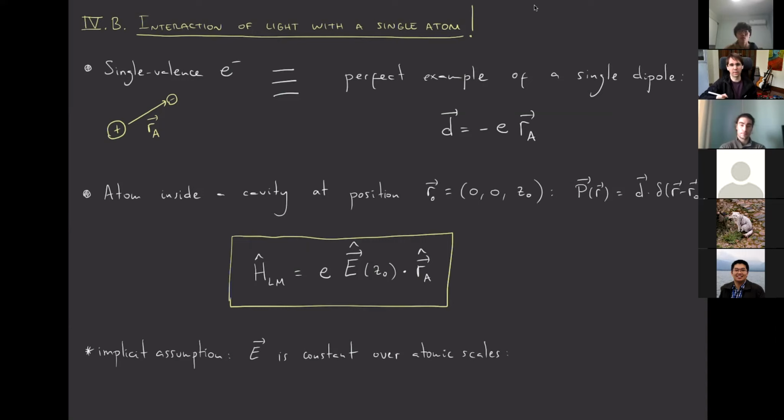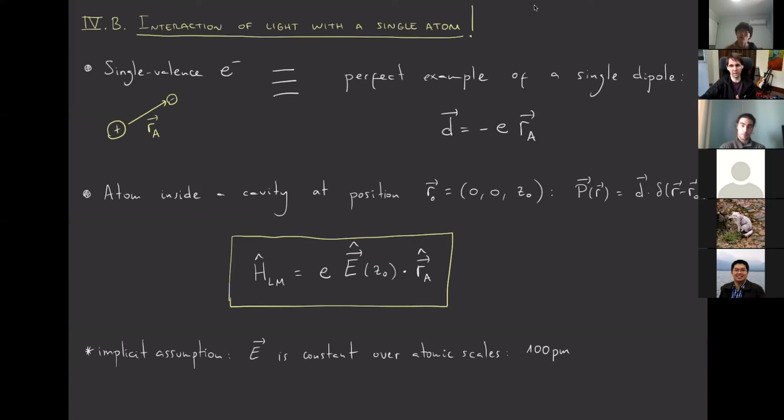I call it an assumption, but it's actually a perfect approximation. Just think for a second: what are atomic scales? Atomic scales are something like 100 picometers, that's the typical size of an atom, like the distance between the electron and the proton.